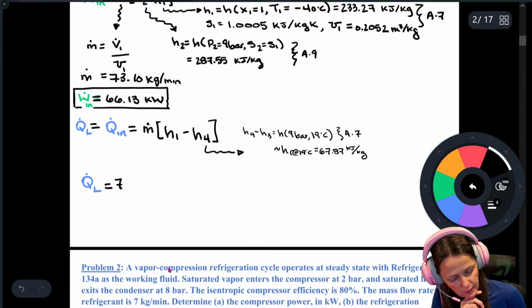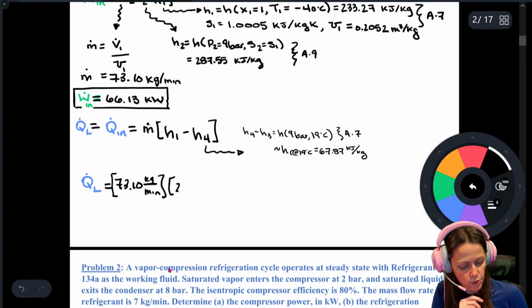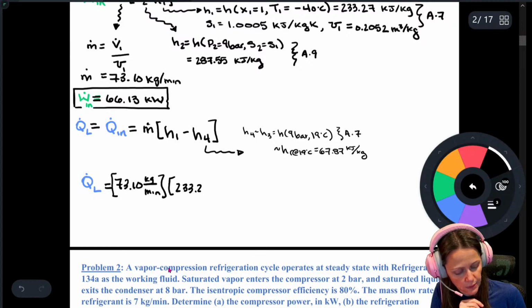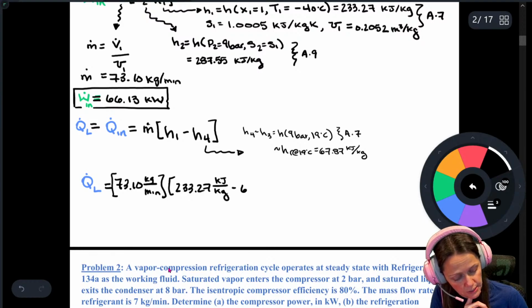So this is going to be 73.10 kilograms per minute. Our h1 was 2.327 kilojoules per kilogram minus h4, which is 67.87 kilojoules per kilogram.